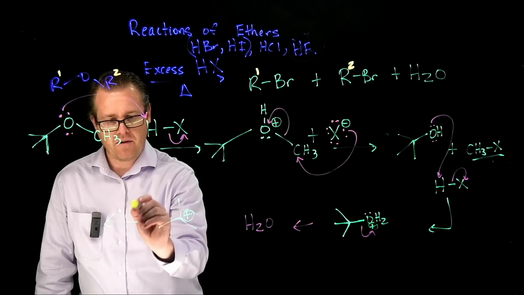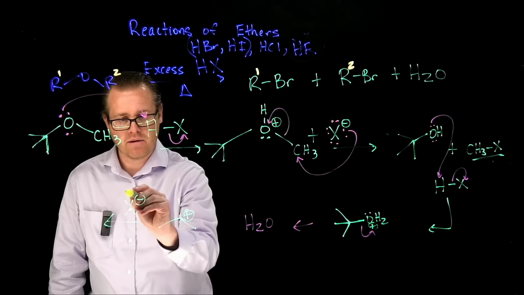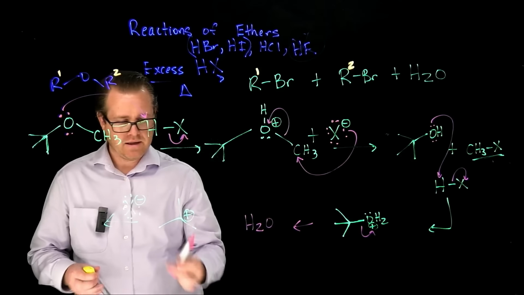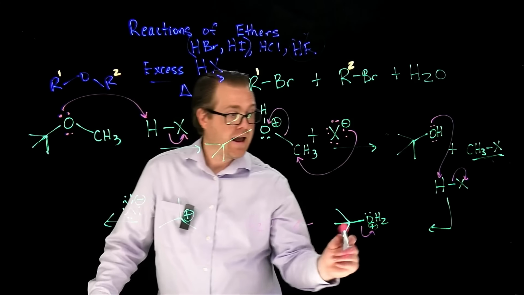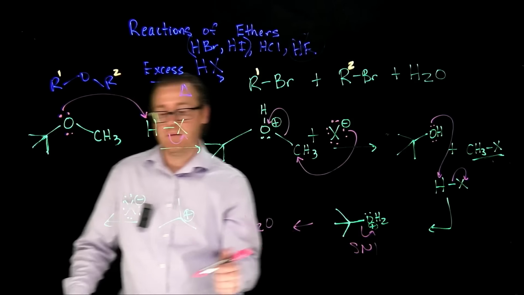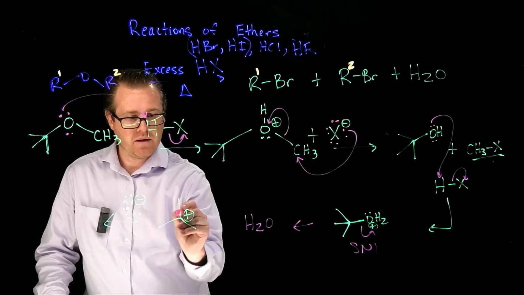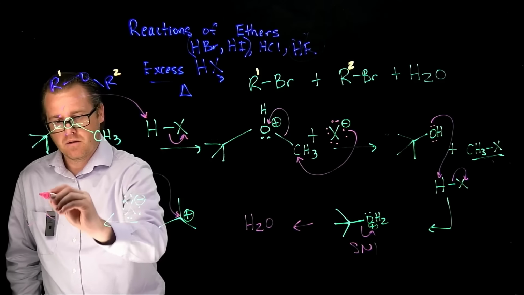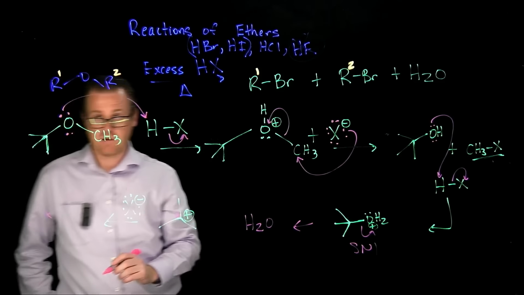And then we have our X minus still floating around. And so you can see now it's more of an SN1 style in this second step. So that's going to come in like so to form our tertiary alkyl halide.